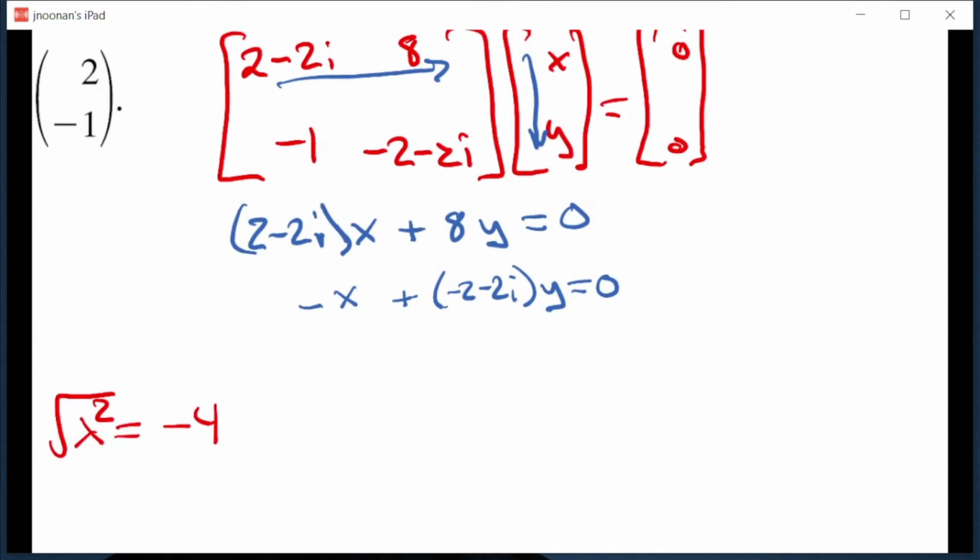You know what I'll do is I'm going to take this one and solve for x. There. How's that? So x is equal to -2 minus 2i times y. So we'll use that one. And then let's solve this other one for y.